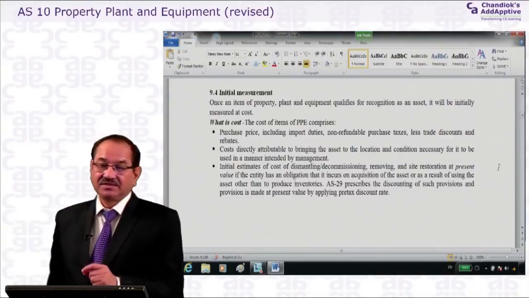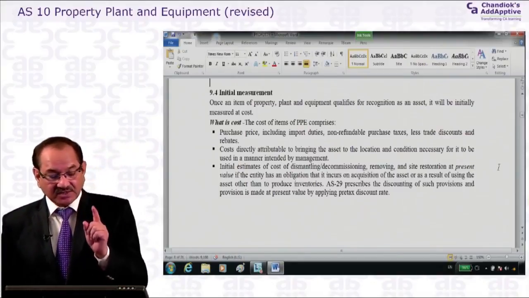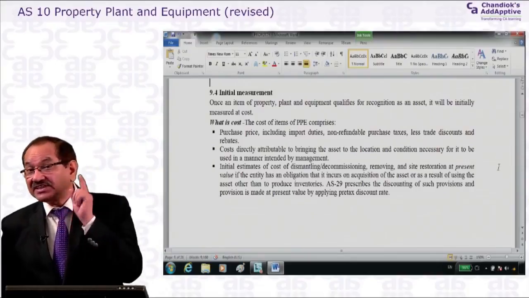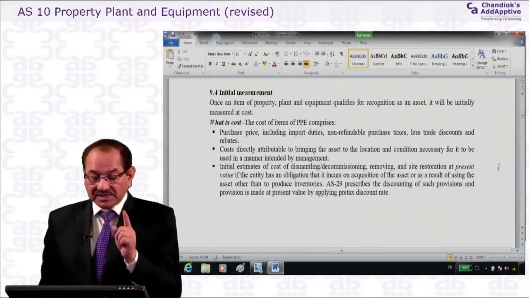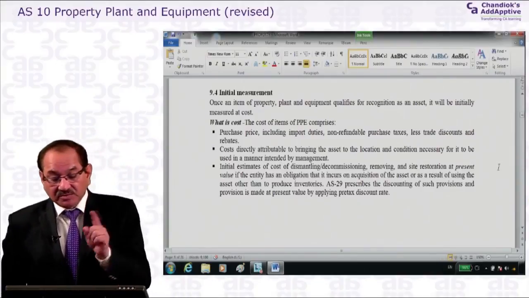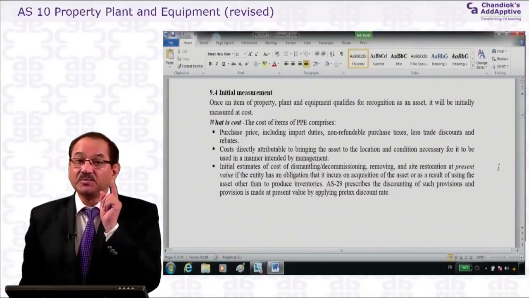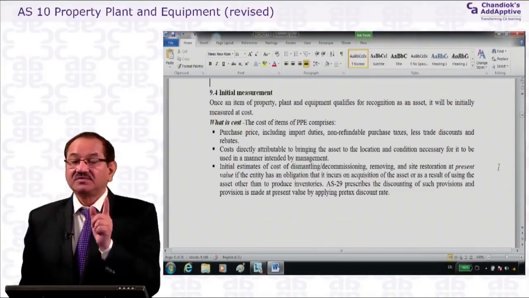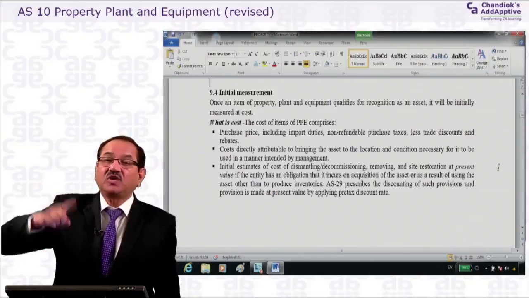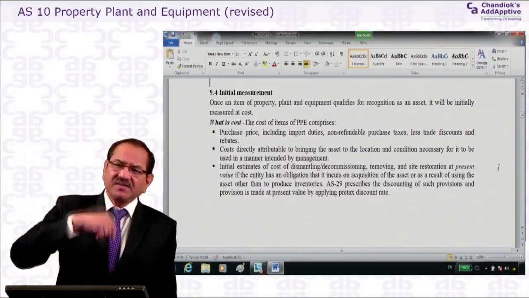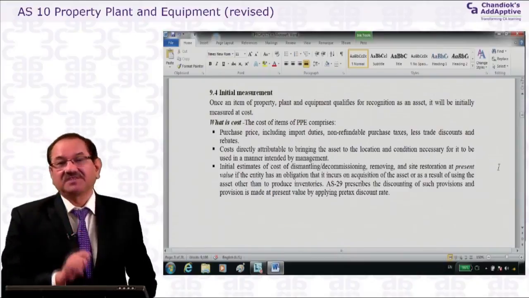Therefore, it says what will be included in the cost is the initial estimate of the cost of dismantling, decommissioning, removing and site restoration, and what is important, at present value. What is the present value of the 10 crores which has to be incurred by you after 30 years? So it should be included at the present value.